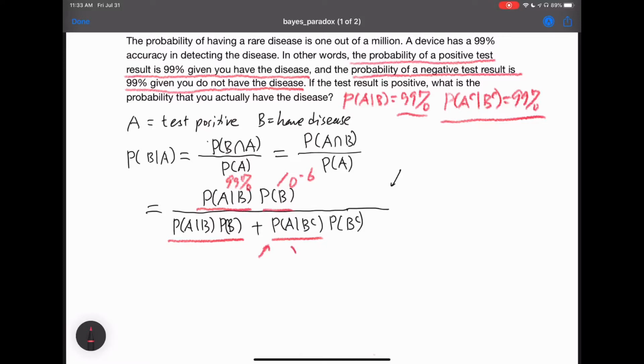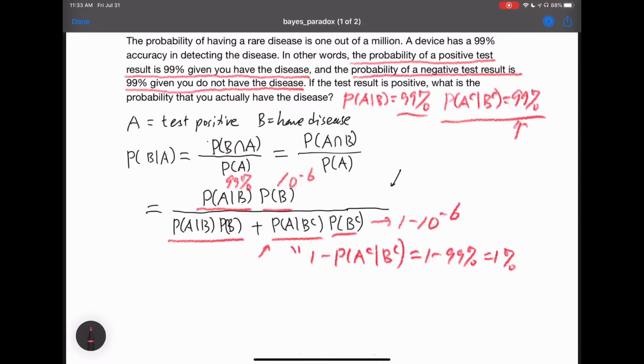And this is equal to 1 minus P of A complement given B complement. It's the opposite of this. So this is equal to 1 minus 99%, which is equal to 1%. Now let's calculate this item. Probability of B complement. This is essentially the probability of not having the disease. So obviously this is 1 minus 10 to the negative 6.